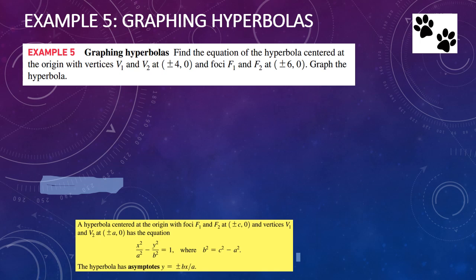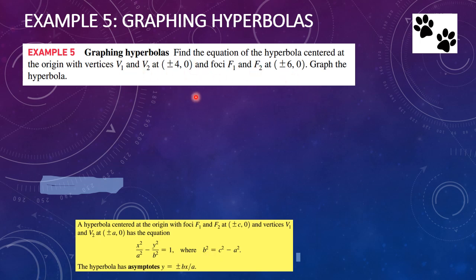This is the direct formula because we can see that the foci and the vertices are using x values. So we know here our a value is 4, our c value is 6, and we can use those to figure out our b value.